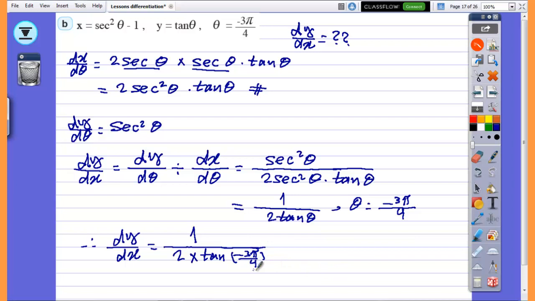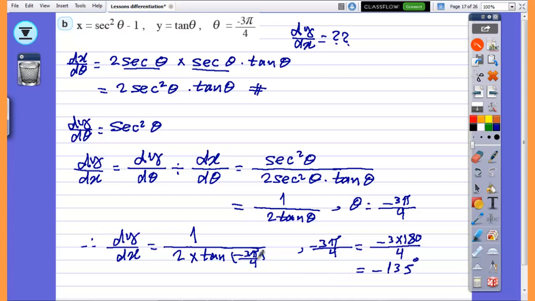And now we will convert negative 3 pi over 4 to degree measure, which equals negative 3 multiplied by 180 all over 4, which equals negative 135 degrees.